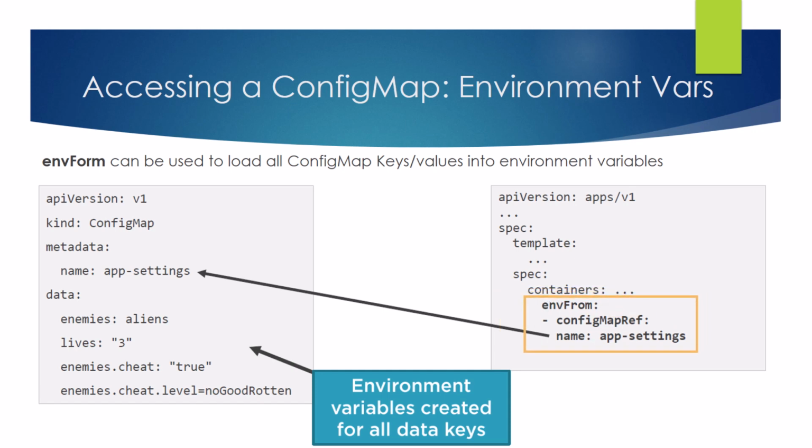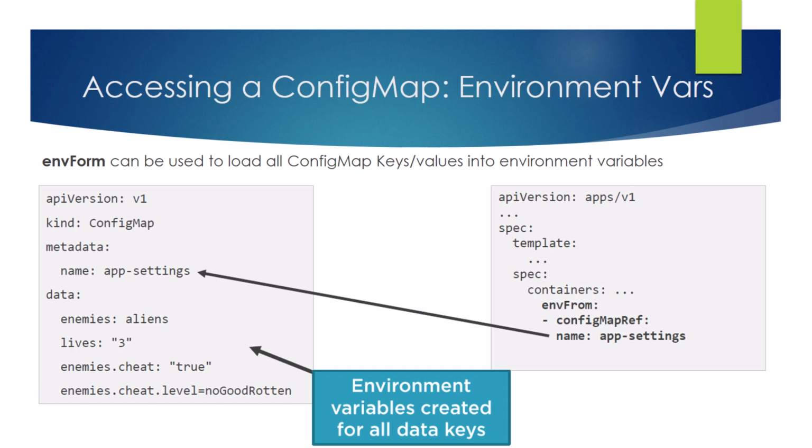Now what this will do is it's going to create 4 environment variables based on the keys, enemies, lives, and others, and then you could again in your code reference those environment variables just like you would any environment variable. So if it was Node.js or ASP.NET Core or Java or whatever, the technique you use to get the environment variables would apply here as well.